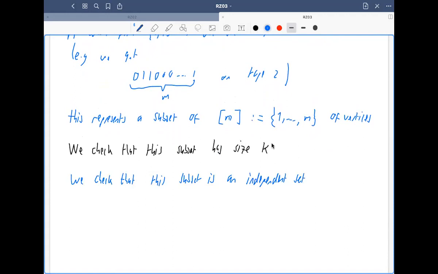So to check it has size k, one way to do that is to go through this string that we've generated and make a counter that will increment in binary as we go through. Each time we get to 1, we increment our counter in binary.